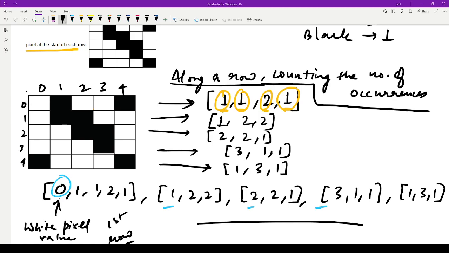Yes, yes, yes. This is how the specific encoding scheme is. Sorry.